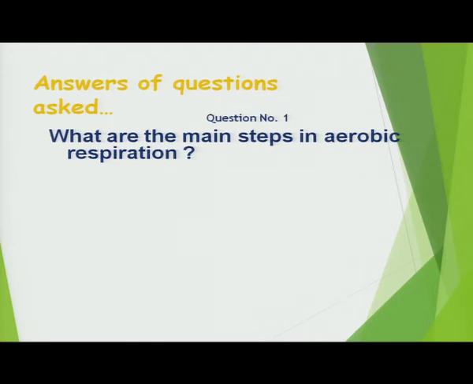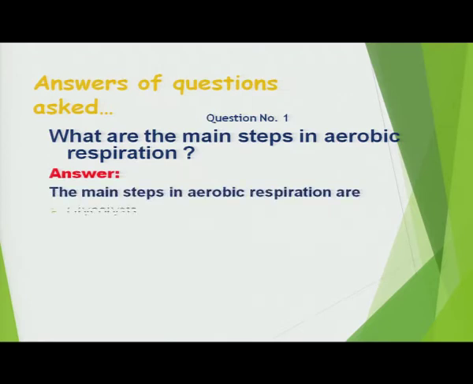The answers to these questions are: the main steps of aerobic respiration, which take place in cytoplasm as well as in mitochondria, are glycolysis, also called the EMP pathway, where one glucose molecule is converted into two molecules of pyruvic acid.